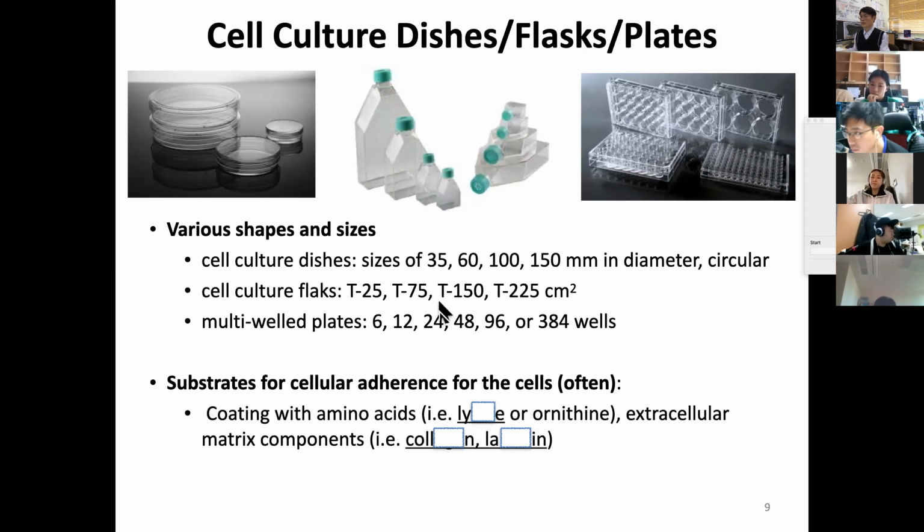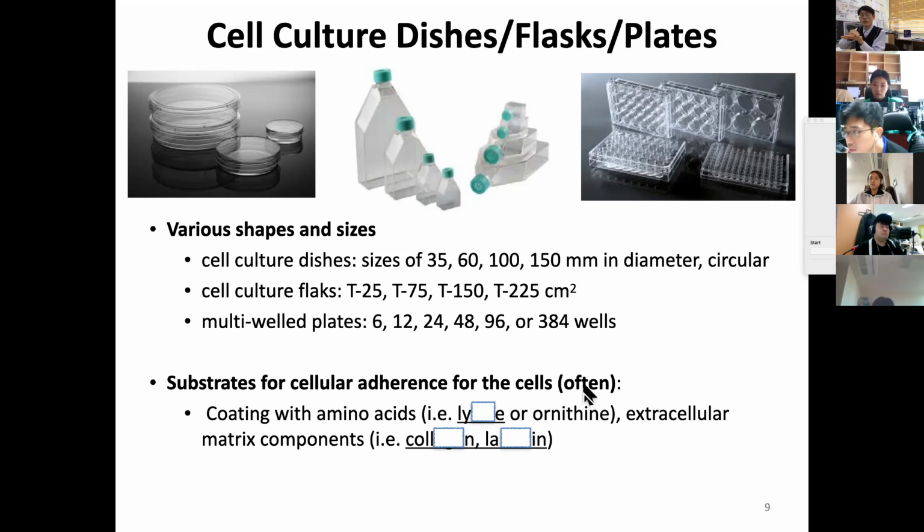These cell culture dishes usually have a bottom that we call a substrate for cellular adherence. Many types of cells, such as neurons or many cancer cells originating from the epithelium, are usually adherent cells. Adherent means attaching.